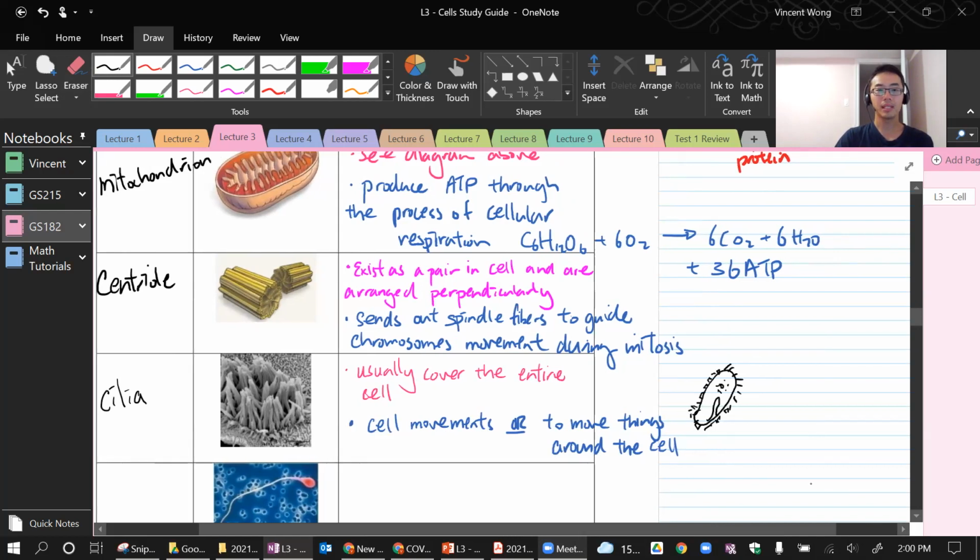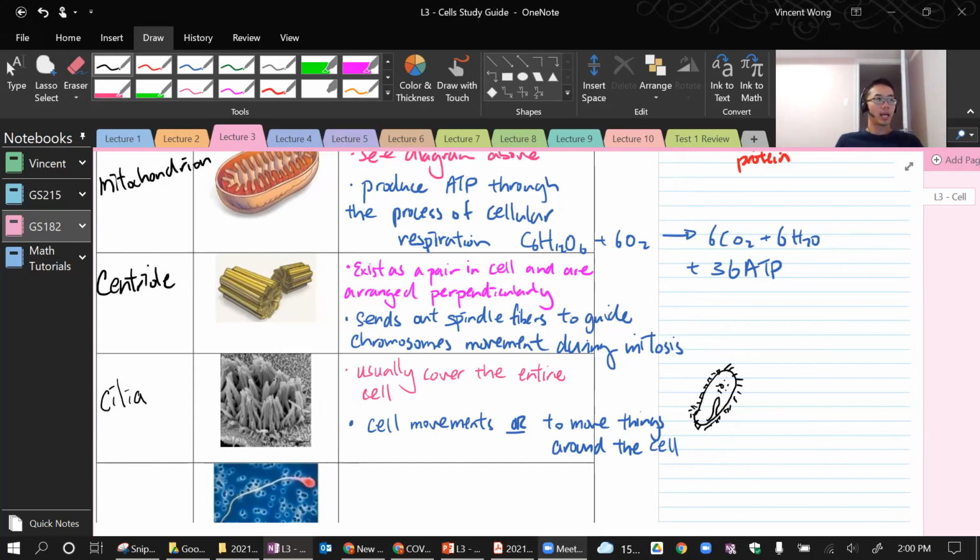Okay. In humans, can someone tell me where we find cilia in the human body? There are two common locations for finding cilia. Anybody know? Did I tell you in the class? Maybe you've read about it. Where do we find cilia in the body? No?